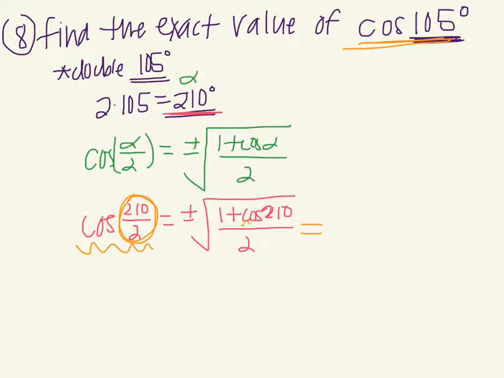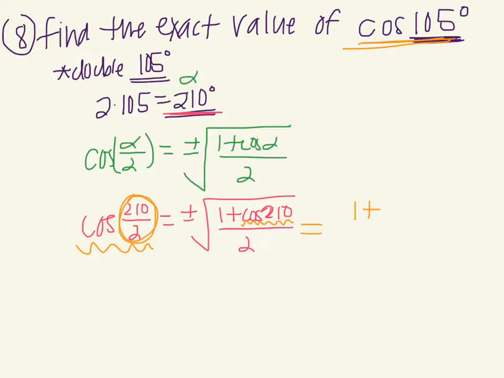So what we're going to do next, just like we do with the sum and difference formula, is any trig function that has an angle after it, we're going to replace it with its counterpart. So if you know the cosine of 210 off the top of your head, great. If not, if you use your calculator, since this one's in degrees, you want to make sure you switch your mode to degree mode before you type cosine of 210 into your calculator. When you do that, you should recognize it.